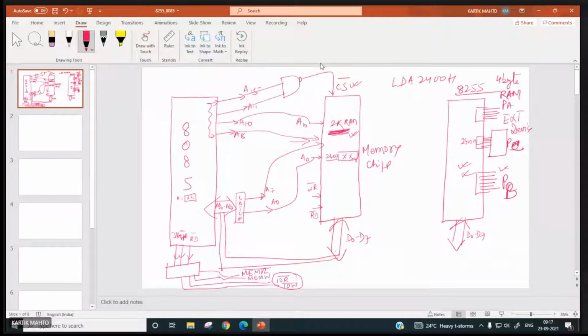So how many pins are there? 8, 8, 8, 8. So 32 pins, no? Hello? Oh, sorry. Port A 8 pins, port B 8 pins, and port C 8 pins. And what about the D0 to D7?